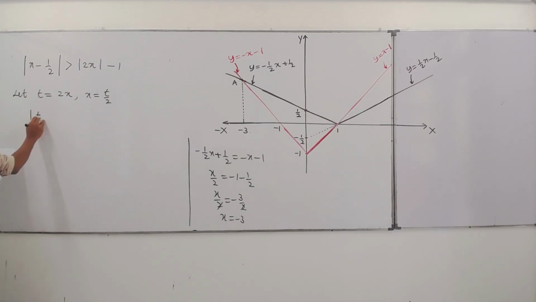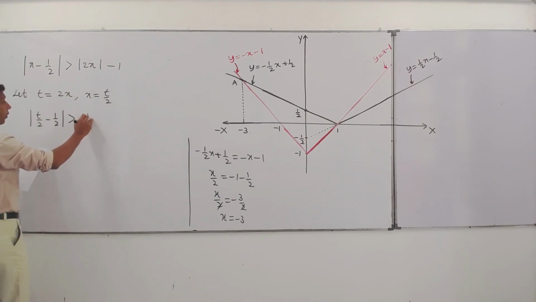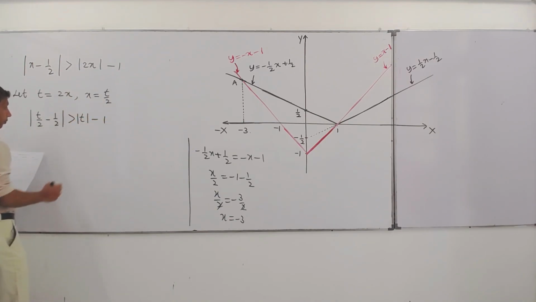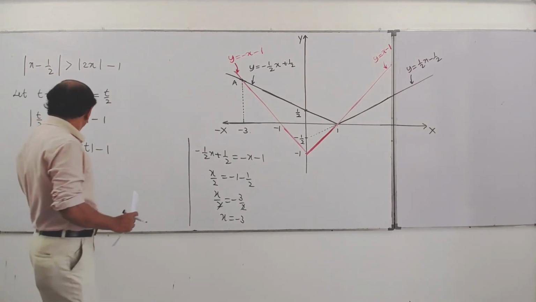Half mod t by 2 minus 1 is greater than mod t minus 1. This 2 is positive, so we can take that out from the mod sign. We get this. Now first we will find the t which satisfy this.